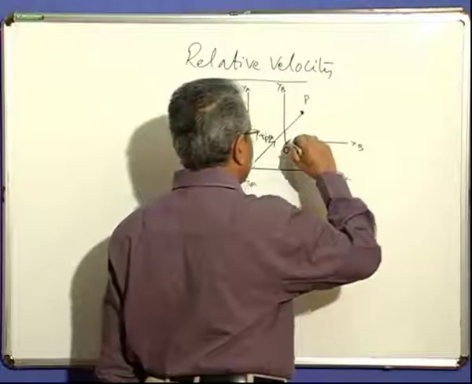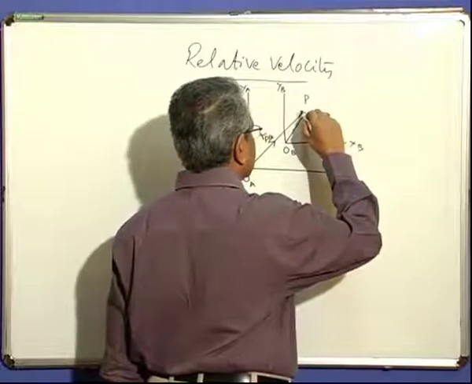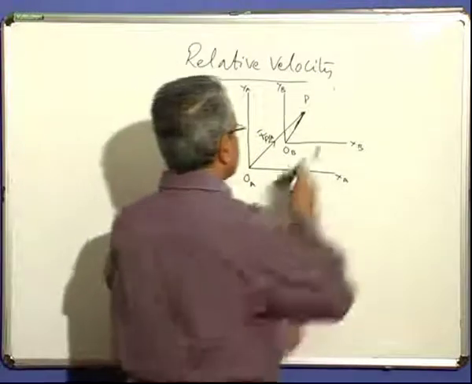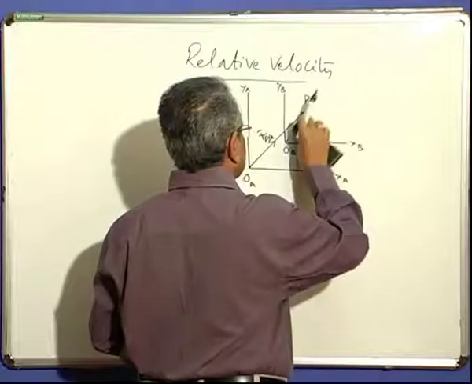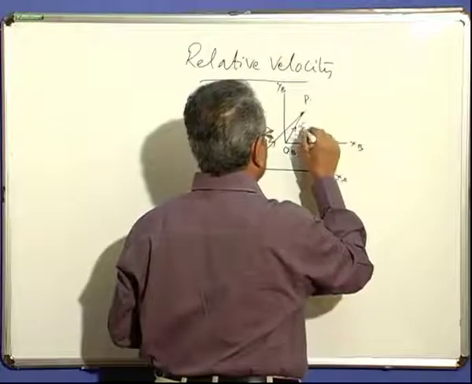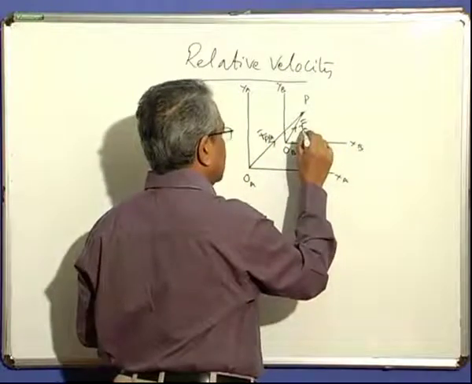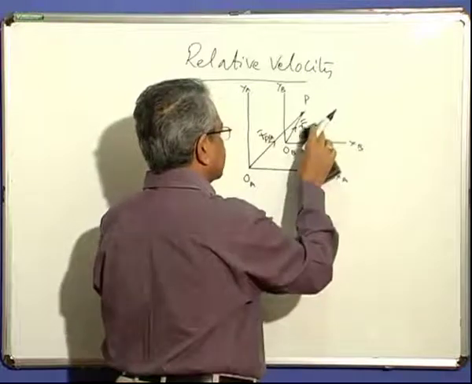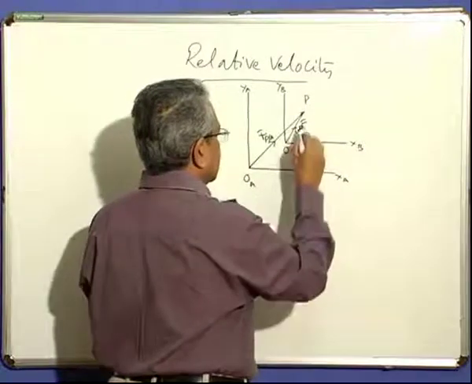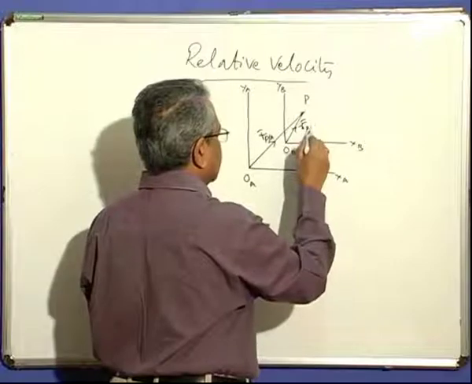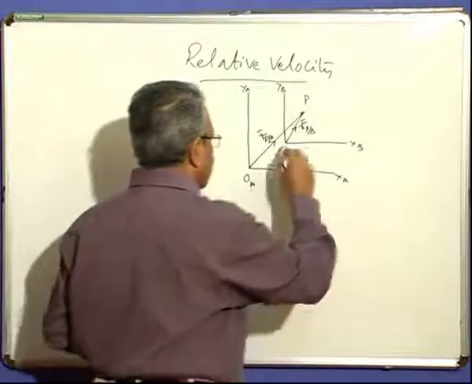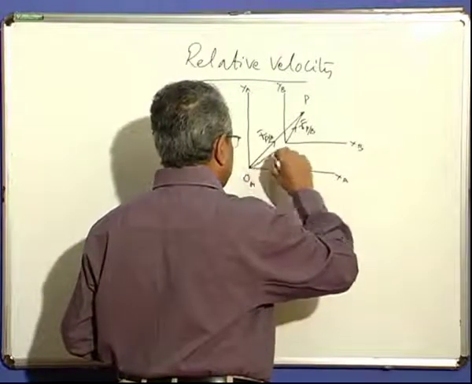The position of this particle is seen by B as if it is here. This is the position vector of the particle P as measured by B, as found by B. This is the position vector of the particle P with respect to B. Then what is this OA, OB here you can see?